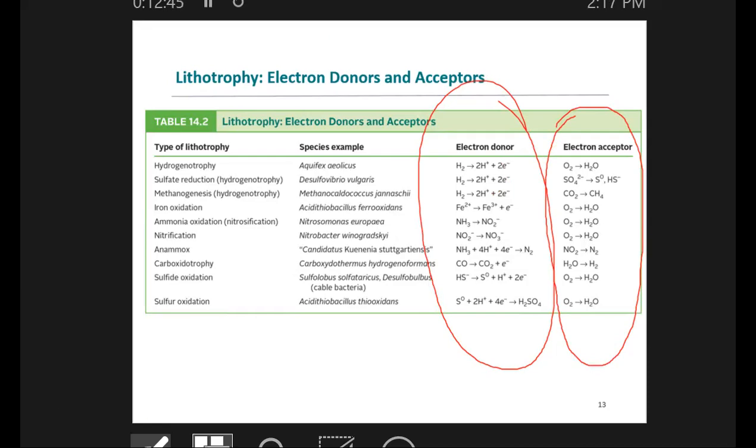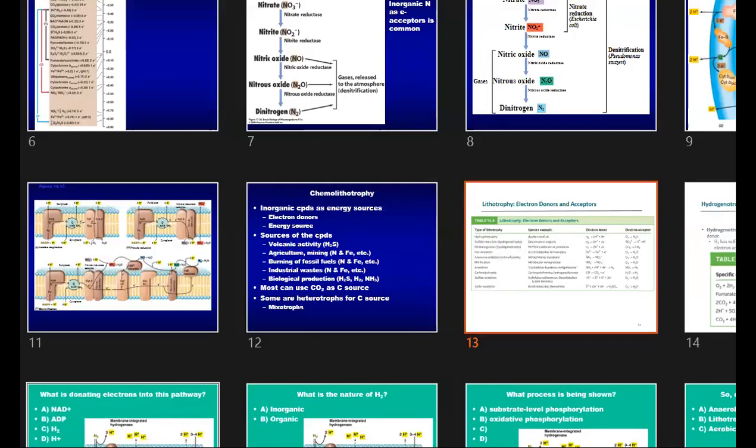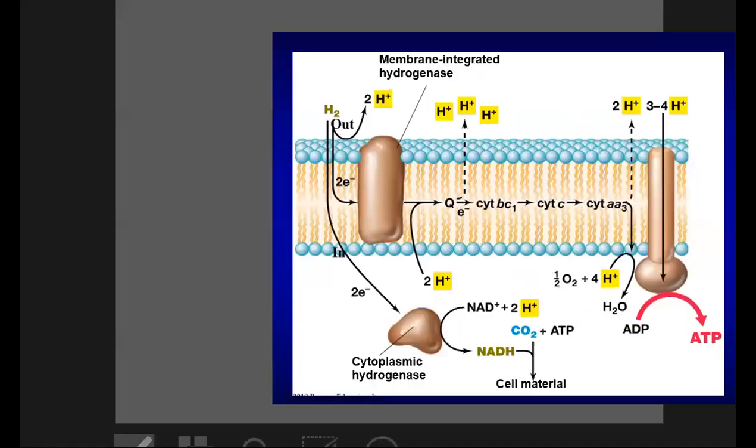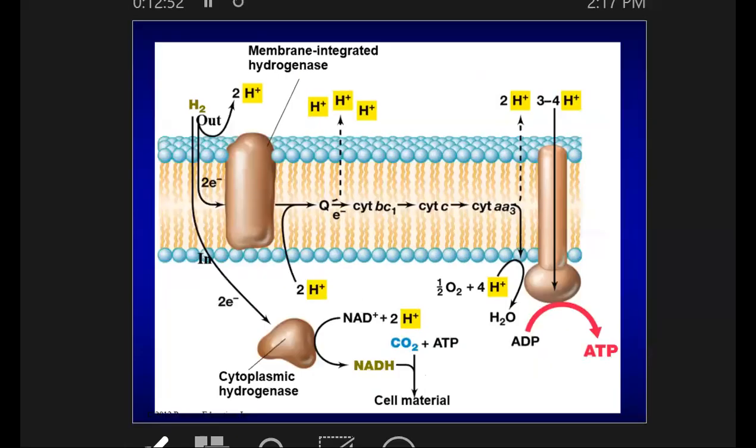Okay. Let's look at this. Okay, so we got several things going on here. In general, when you look at this process, again, what could you say in general is going on here?